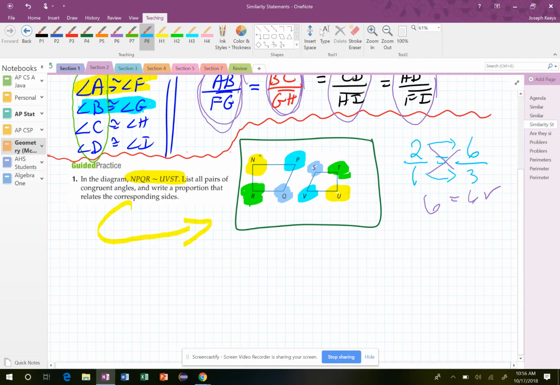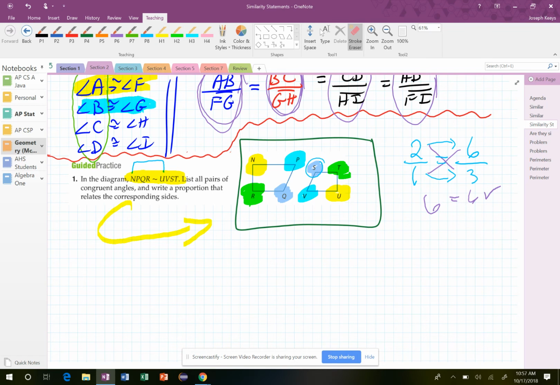Don't just look at this diagram and go, ooh, N and S match up. No, they don't. How do I know that? Because I can look at the similarity statement and see that N matches up with U. That's why I've color-coded U and N to be the same exact color. The next two letters are P and V, so P and V get the same color. Color is the easiest way I have found to keep track of the more difficult diagrams when we start turning and flipping and overlapping and putting shapes inside out and on top of each other.